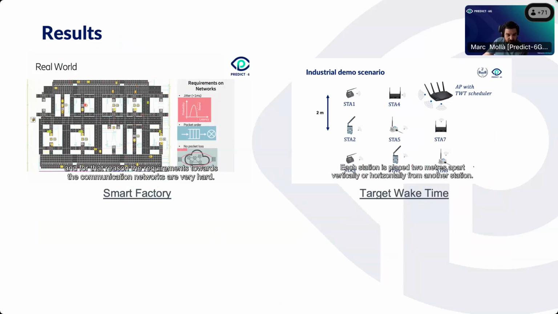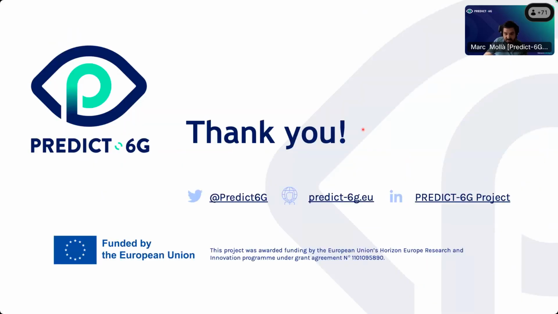Here we demonstrate that we can reduce the variation of the latency to less than 1 millisecond. In the other demonstration, we have been working on coordinating the target wake time with some time-aware schedulers defined by the IEEE. Okay.